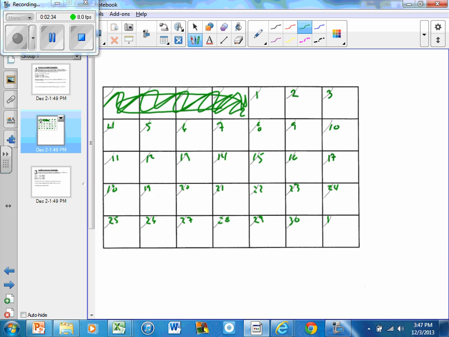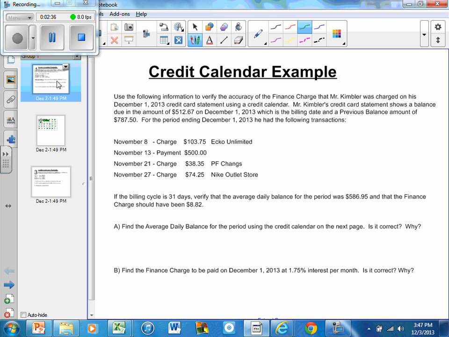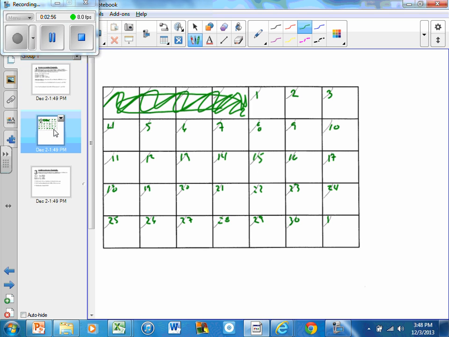Now if we look back at our information on our sheet, it tells us that our beginning balance for the period was $787.50. So we're going to go back to our calendar, go to our first day, and put in our balance of $787.50.